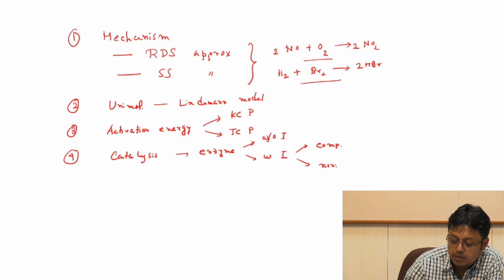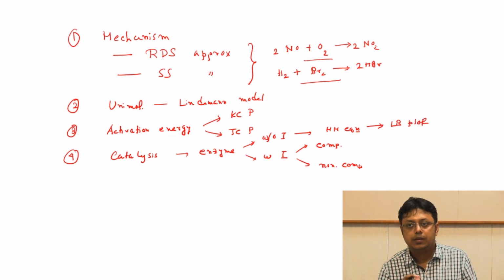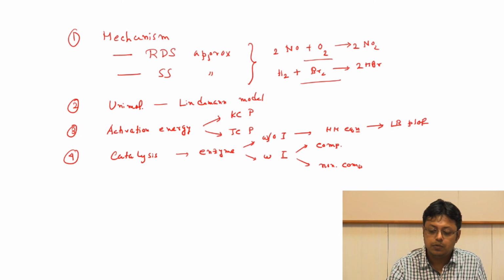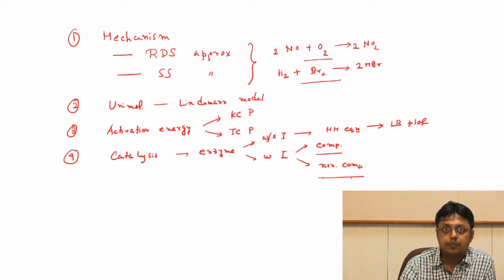And under the enzyme we discussed the Michaelis-Menten equation and how one can get the Lineweaver-Burk plot from the Michaelis-Menten equation. That will be more useful, particularly when you describe the competitive and non-competitive nature of the inhibition. So this concludes our discussion on this lecture on reaction kinetics and mechanism of reaction.